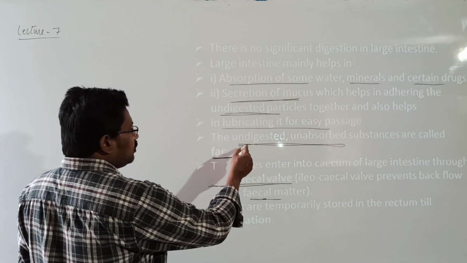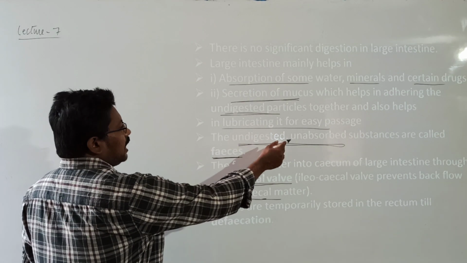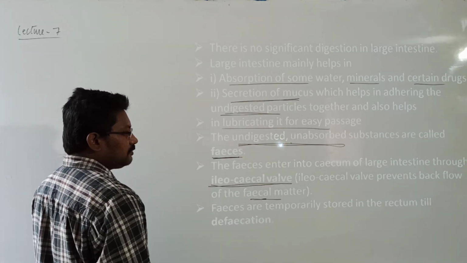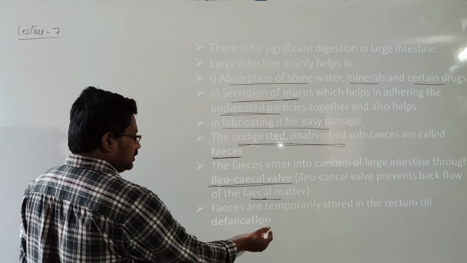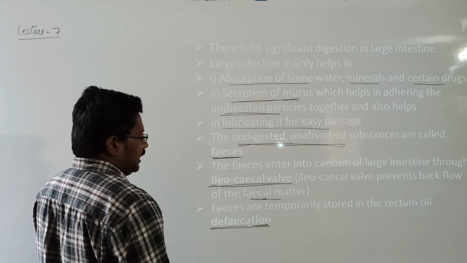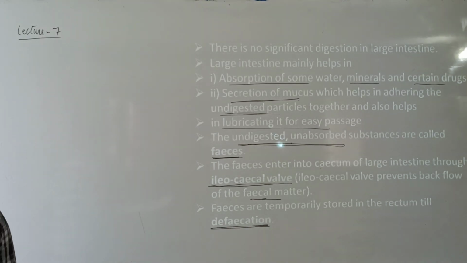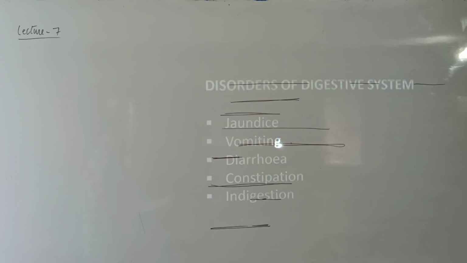That removal of undigested, unabsorbed food substances from the intestine is what we call defecation. Right. So this is the digestion in the large intestine. So we understood that there is no digestion that takes place in the large intestine.